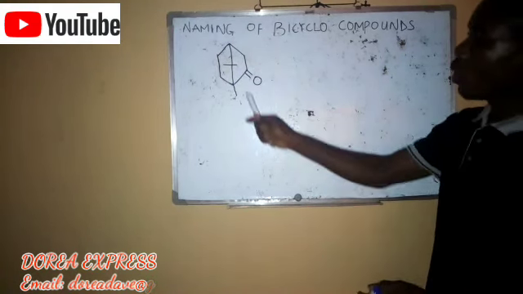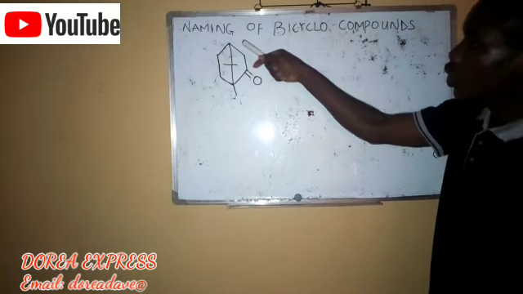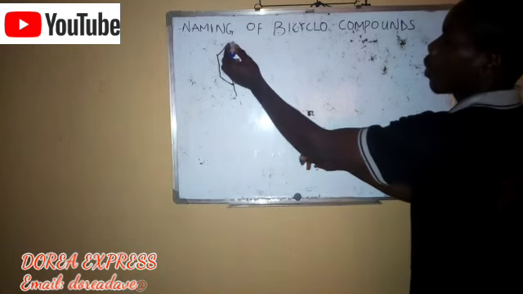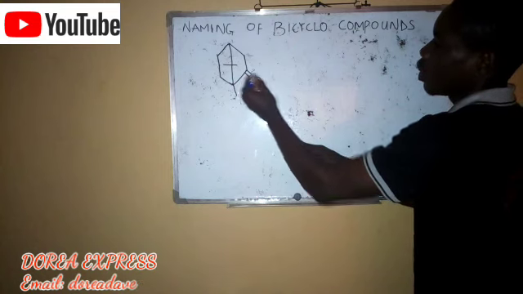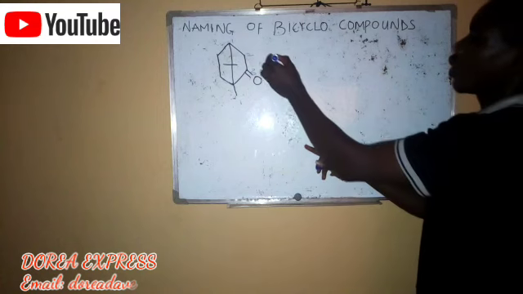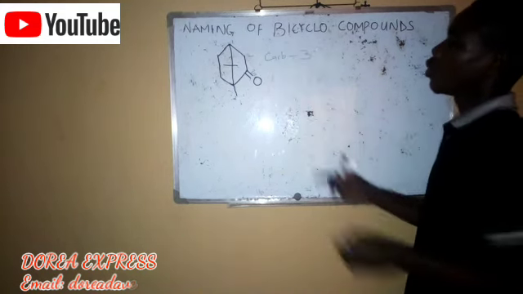So we go this way. It's either from this head bridge or from this head bridge. So let's see if we go from here. This will be 1, 2, 3. So as you can see, the carboxyl group is in the 3rd position.